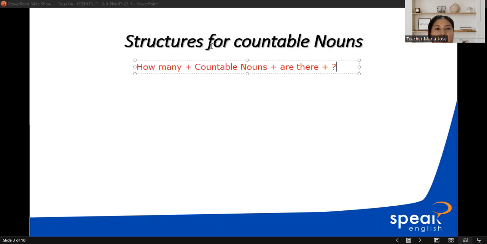Excellent. Now, Letty, what is one of the structures that we use for sentences? Remember countable nouns.